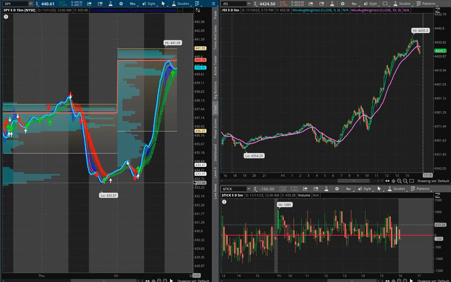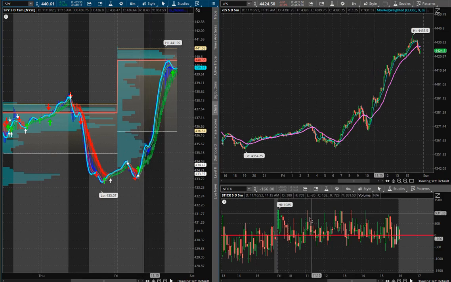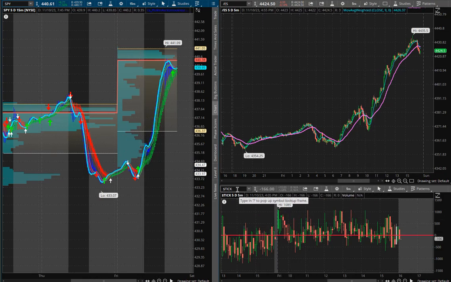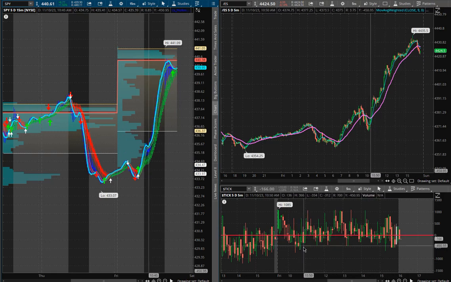You get a Heikin-Ashi, you put a simple or weighted moving average, 9 period, and you have everything going for you. So what we do on the right side is, this is an ES chart of 5 minutes, and on the bottom we have a dollar tick chart, which is NYSE ticks. We are looking at extremes of those ticks. We're not looking at anything else.